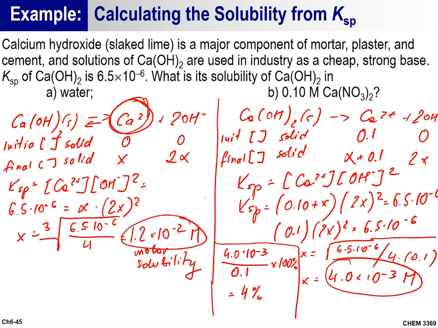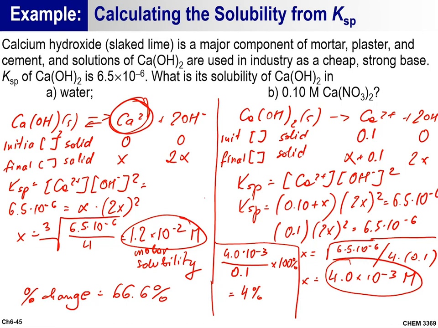So that's how we calculate the percent change. You will see that the percent change is about 66.6%. Well, that's negative, right? It decreases. So that's the percent change. It's quite a significant change. So if you're doing your calculations, you might want to account for these common ions.